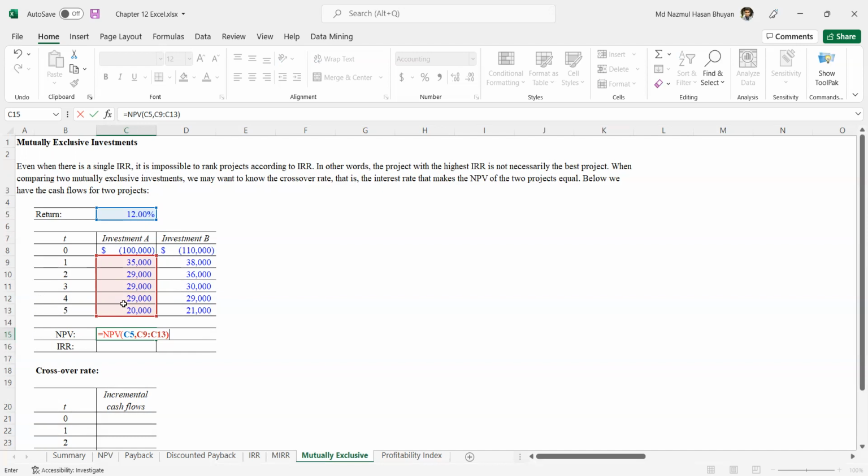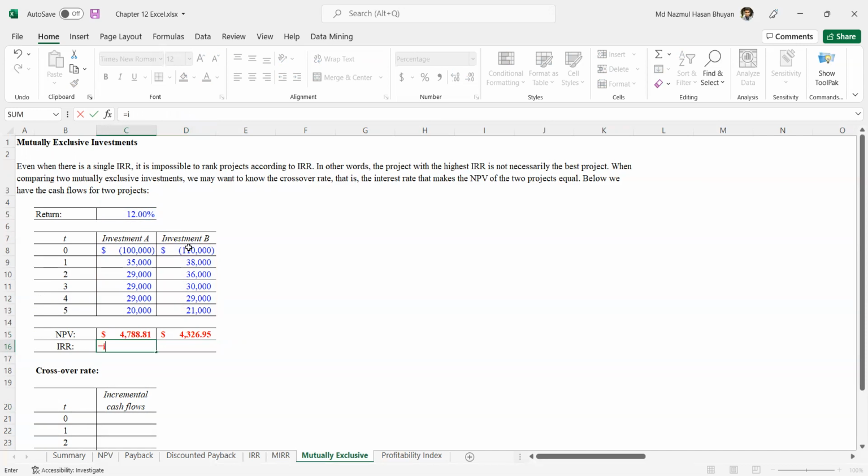All right, the NPV of the future cash flows plus your current year cash flow. Again, NPV, your rate, all of your future cash flows inside the NPV formula plus your cash flow in the current year.